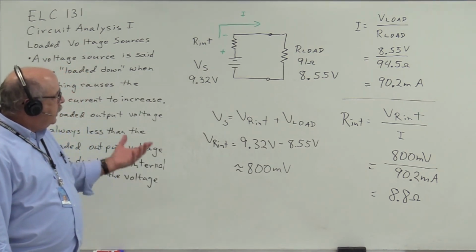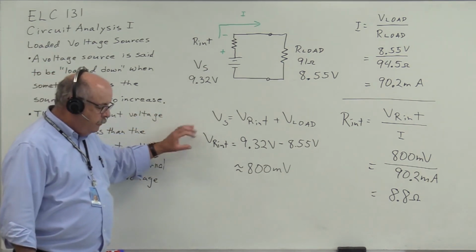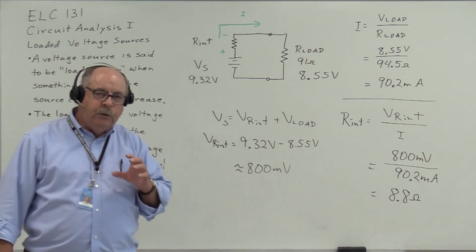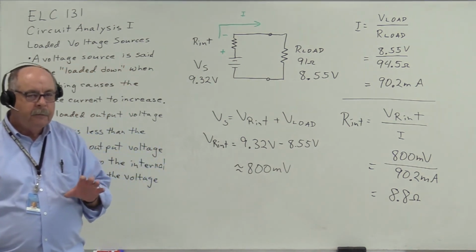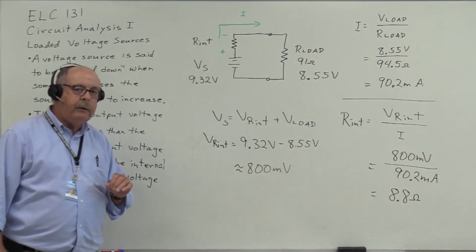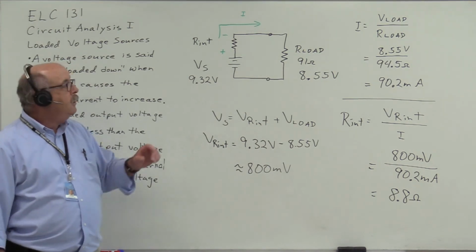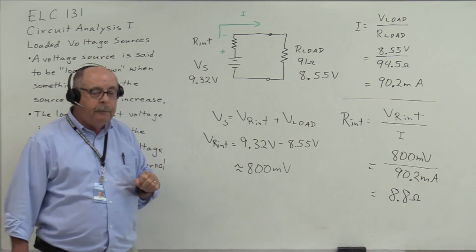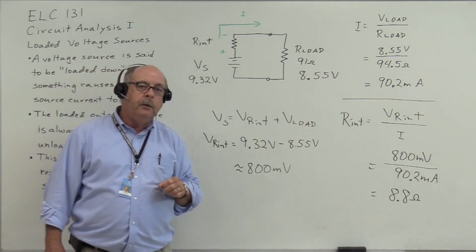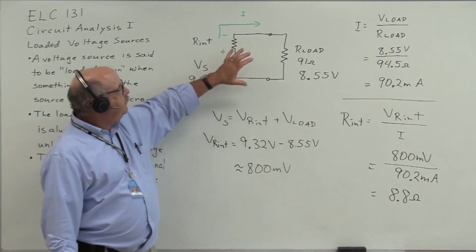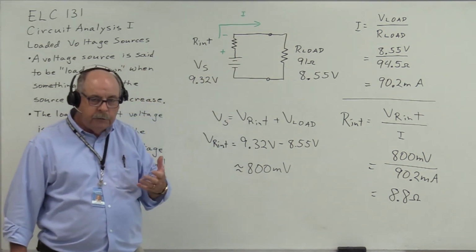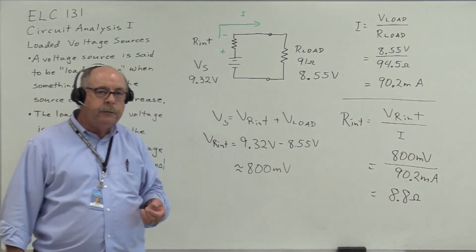Now, this exercise is really important for you in terms of when you test a battery. You cannot test that battery by simply connecting a meter to the output terminals of the battery. You must place that battery under load in order to determine its full capacity to deliver voltage and current to a load.